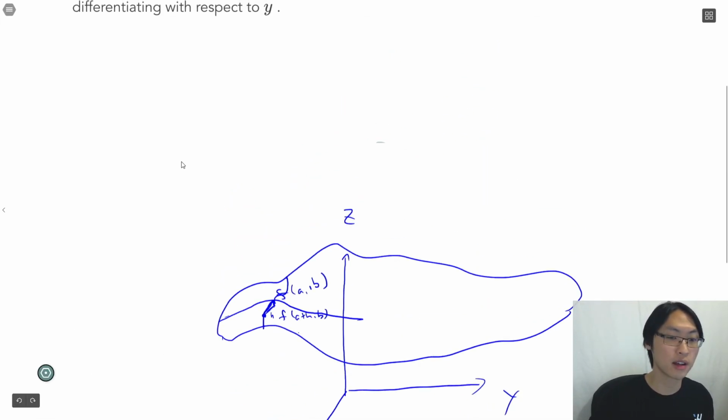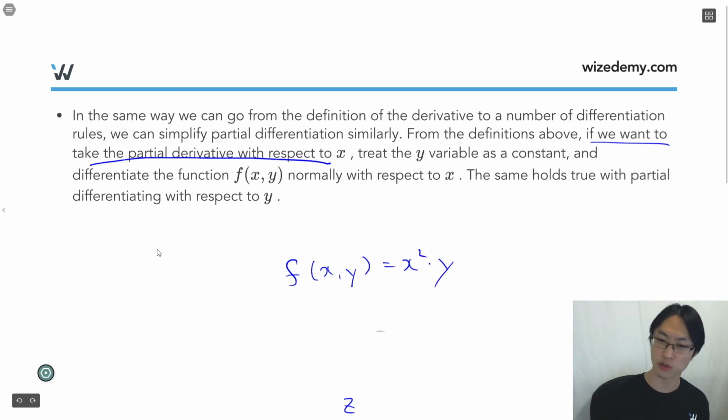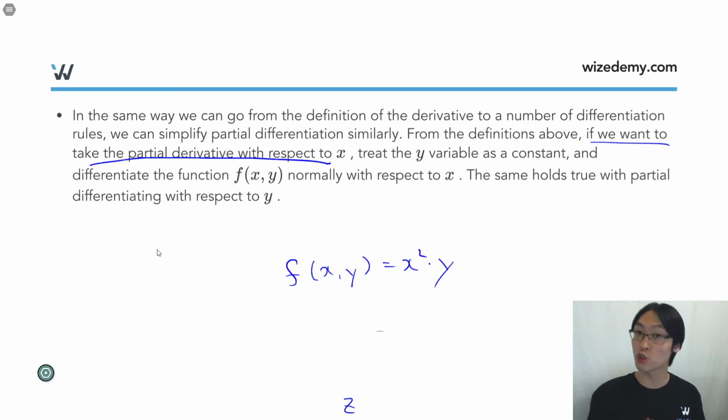If you have the function f of x comma y equal to x squared times y, then since your b is not changing in both of these components, we can treat this y part as if it's a constant when we're taking the partial derivative with respect to x. I'll give you an example to make that a little more clear after I finish this precursor discussion. So what you need to do is treat the y variable as a constant, and then differentiate the function f of x comma y normally with respect to x, so the usual derivative.